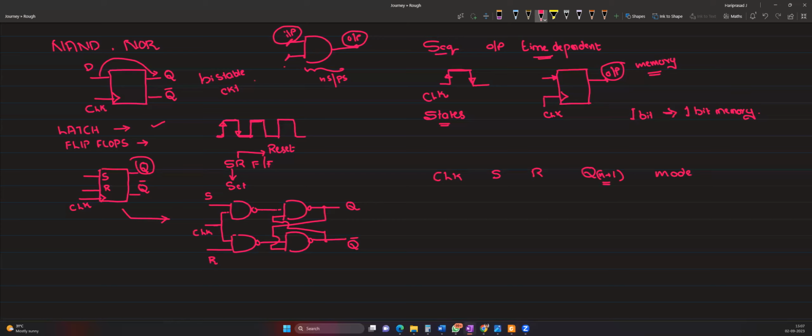After giving the clock, that is the next state of Q. Initially, let's consider the clock is 1 and both S and R are 0. Let me consider Q is 1 and Q bar is 0. Now both are 0. So what is the output when one of the NAND gate inputs is 0?